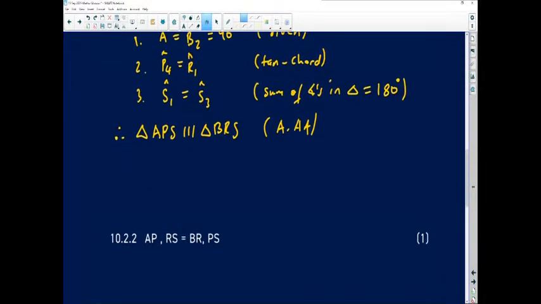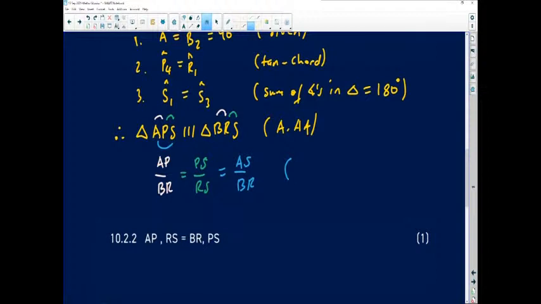Secondly, once you've got those similar triangles, grade 12s, you can immediately start building the following proportion. You can then say this side, AP, let's put it in a different color so that it stands out. If you say AP divided by BR, you'll get the same result as PS divided by RS, and it's going to be the same result as the last one, which is, you'll see there, AS divided by BR.